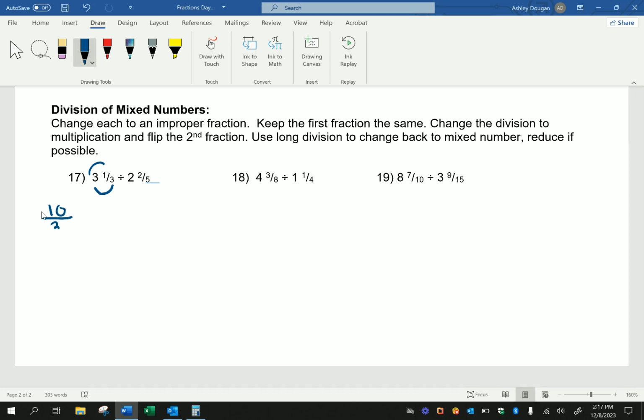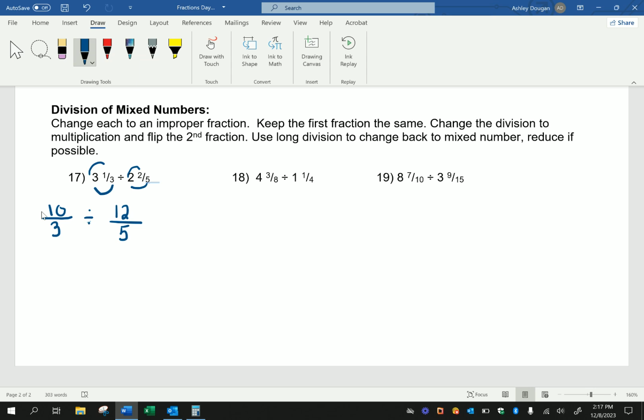I keep the bottom number the same, so it'll be 3. Then I'm going to change 2 and 2/5 to improper. 5 times 2 plus 2 is 12. And then I keep the bottom the same as 5.